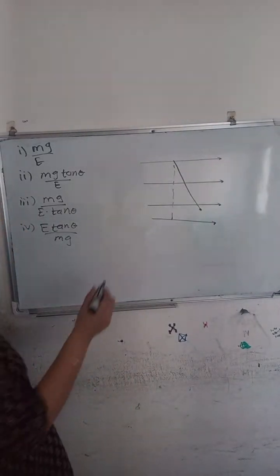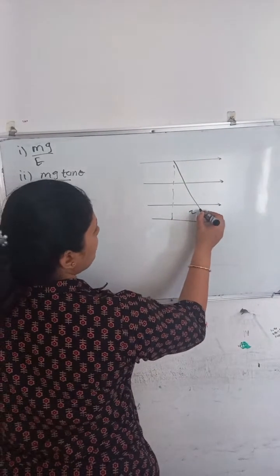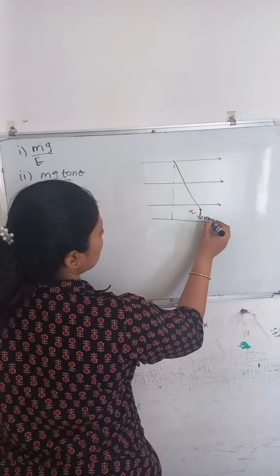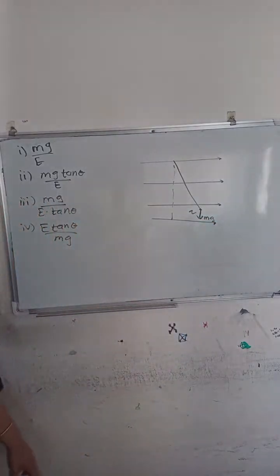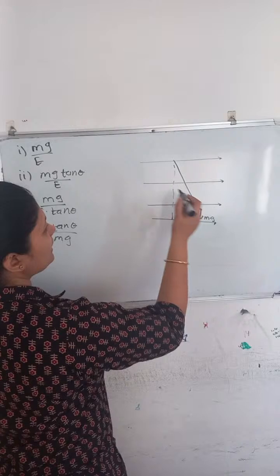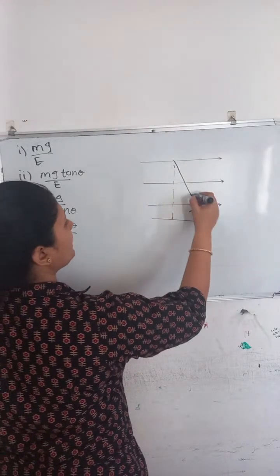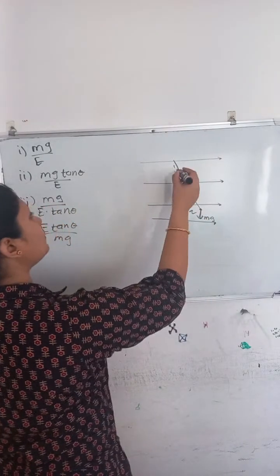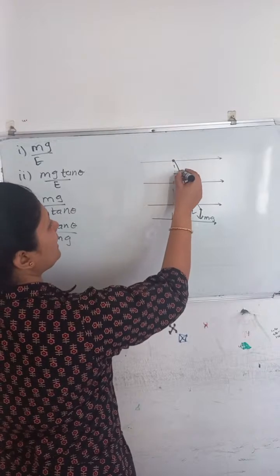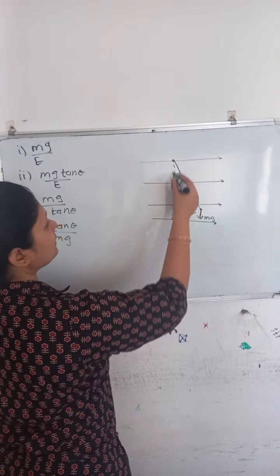Here charge q is kept, whose weight component mg is acting vertically downward. And of course the q is suspended over here to the rigid support. That means tension is generated towards this end, and it makes an angle theta with this axis.